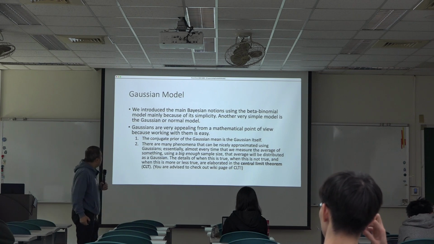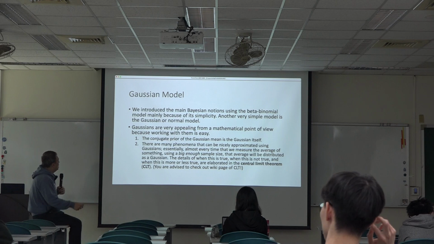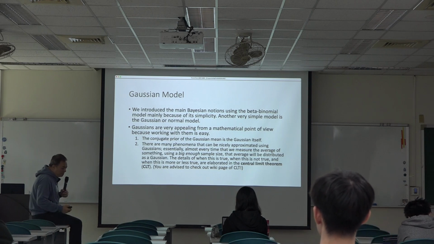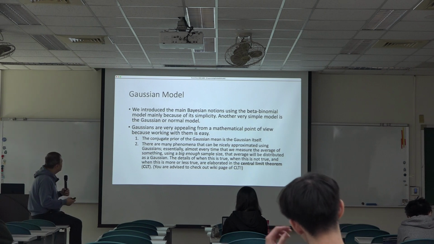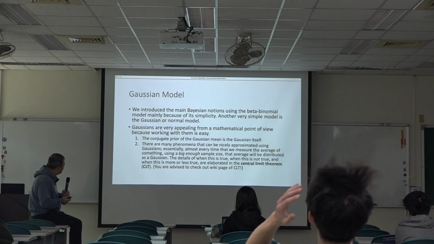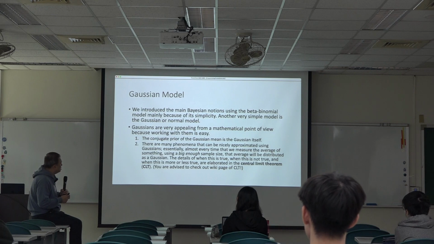Well, we are moving to the Gaussian model, okay. We previously talked about the concept of Bayesian inference by using a beta binomial model, okay. And the beta binomial model is used for explanation of Bayesian inference.